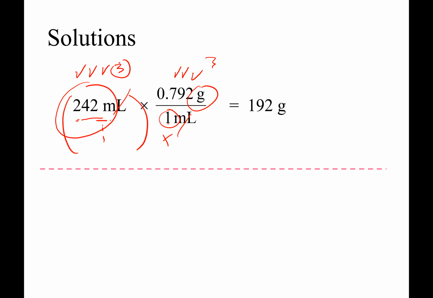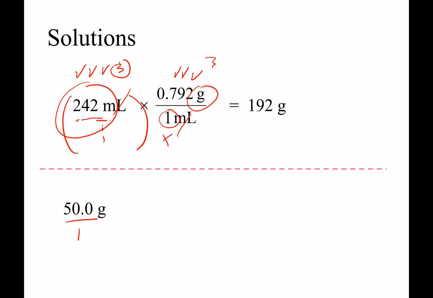So now to work the second problem, what's going to be our first term? 50 grams over 1. Very good. Specifically with 3 sig figs, 50.0 grams over 1. Perfect. Now I want grams to cancel, so what units are going to go on the bottom?